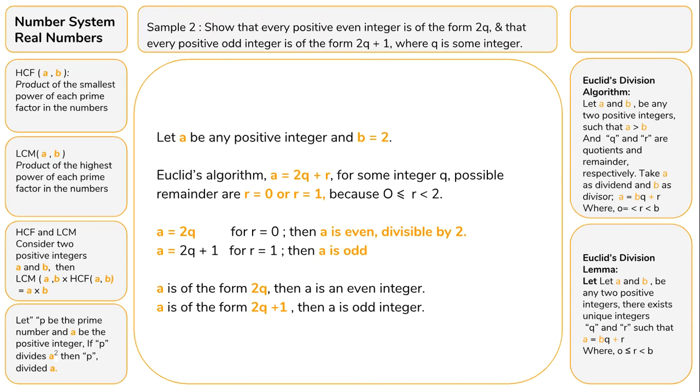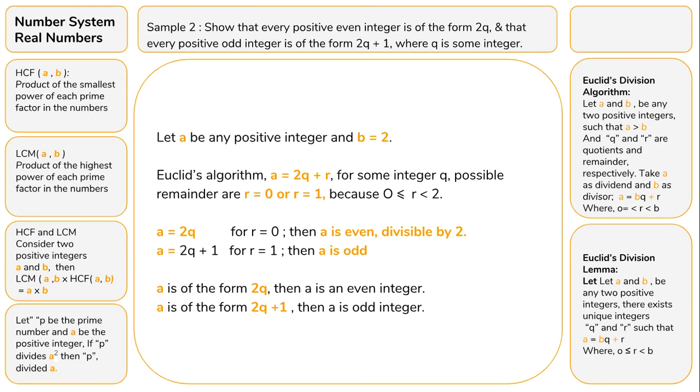Sample 2. Show that every positive even integer is of the form 2q, and that every positive odd integer is of the form 2q plus 1, where q is some integer. Let a be any positive integer and b equals 2.